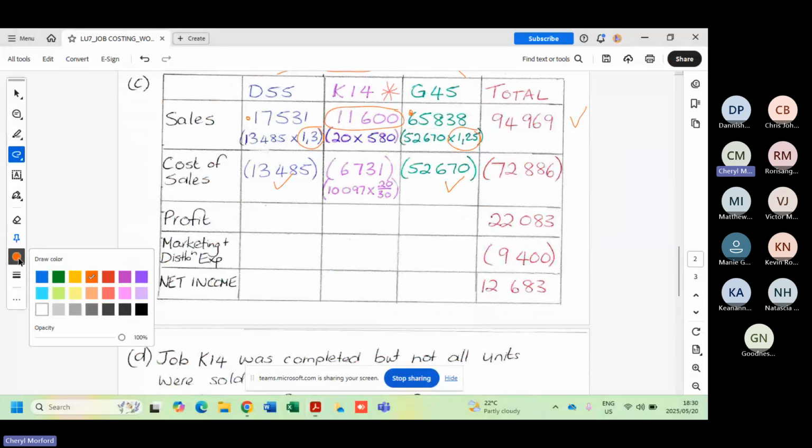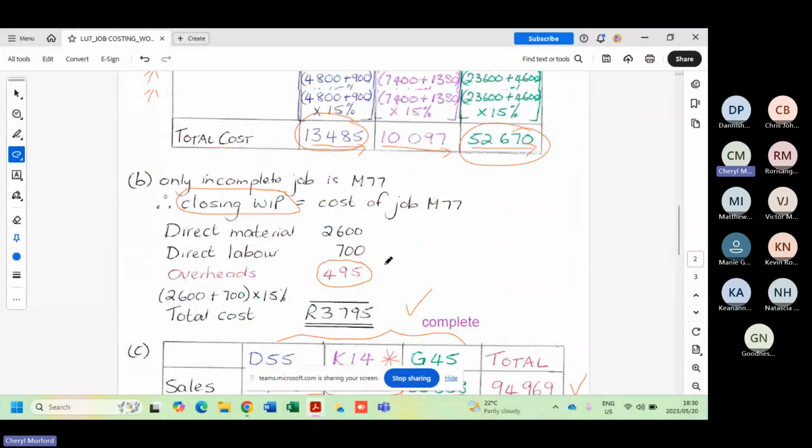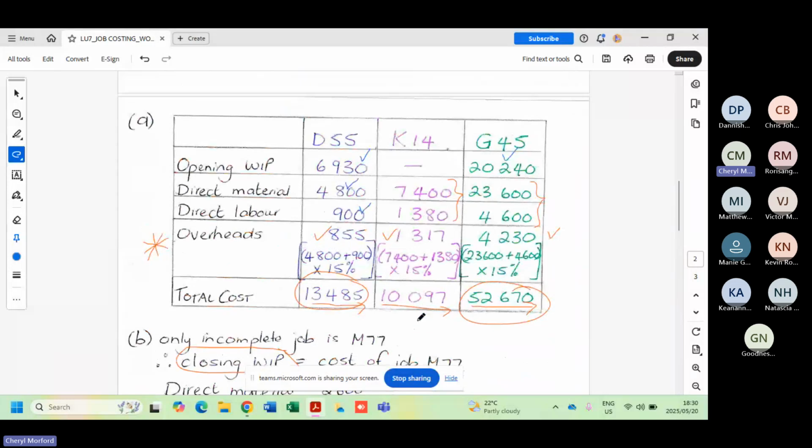But once again, we have to be a bit careful with which one? K. The reason is because that entire cost here of the 10,097, that applied to all of the 30 bats. But 20 of them were sold, 10 were not. So we can't include the full cost.